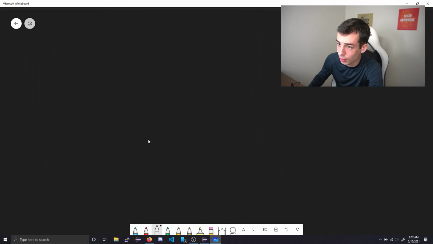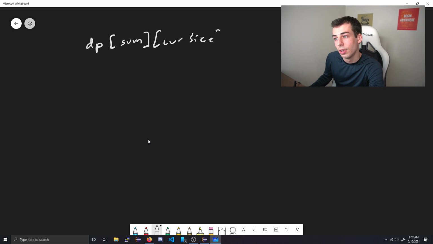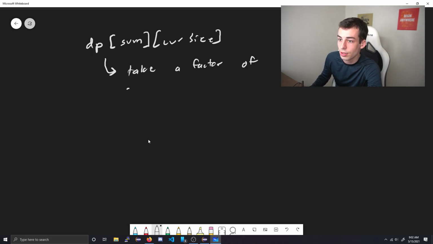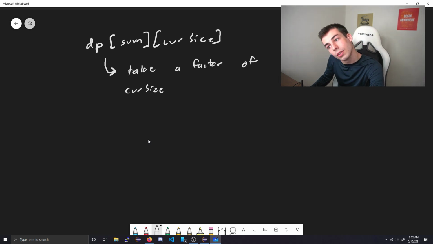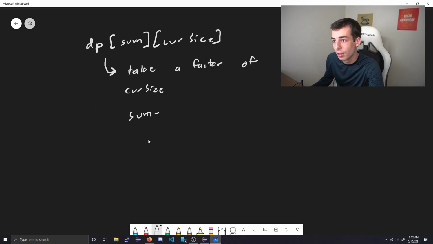So I think this is the last problem left. So we just have DP at sum and then cur size. This is the naive. And then we can say take any factor of cur size, and then you go to sum, or okay, so sum minus like n minus k.